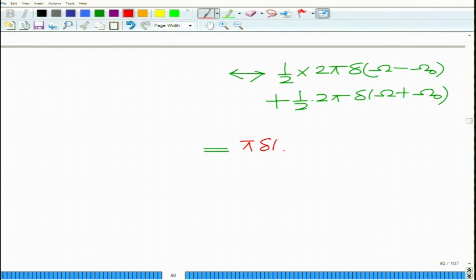So, this will be equal to pi delta omega minus omega naught plus pi delta omega plus omega naught.